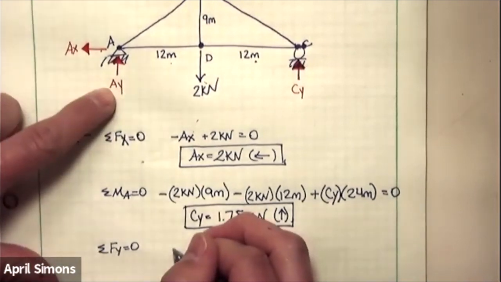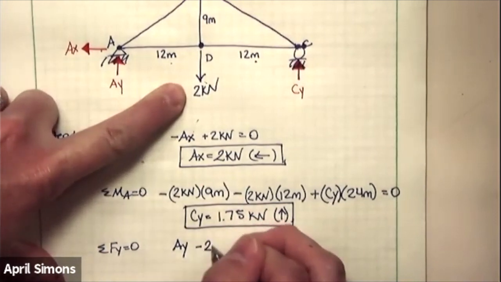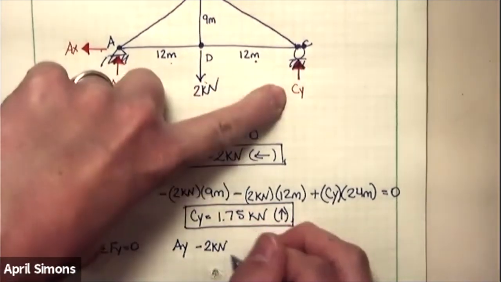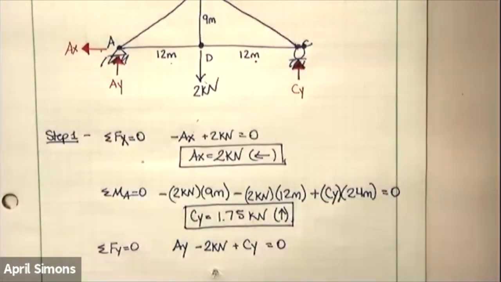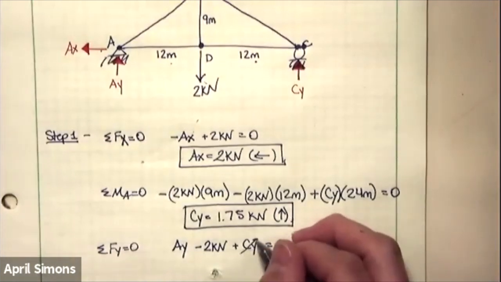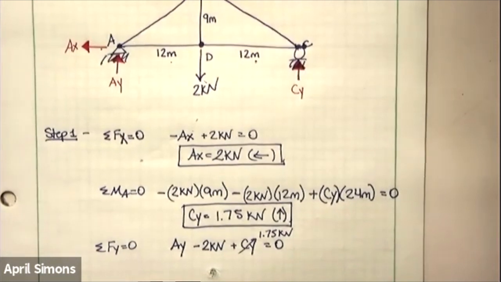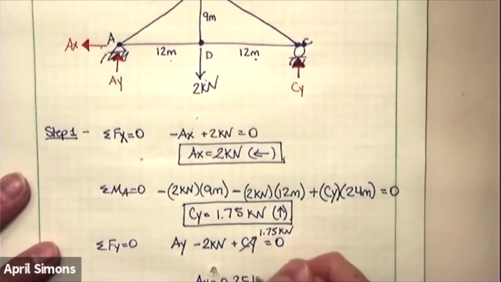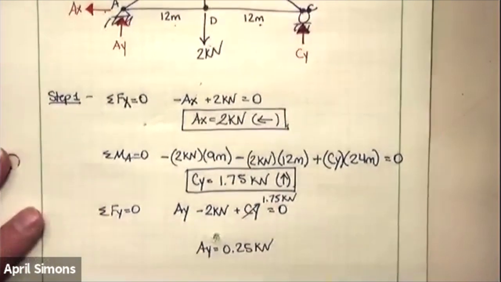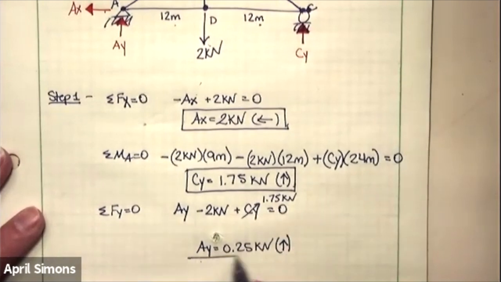All right, so we have AY positive minus 2 kilonewtons, D plus CY, all equals 0. And we can plug in our 1.75 kilonewtons for CY. And that gives us AY is 0.25 kilonewtons. And we get positive there as well, so AY reaction is up.